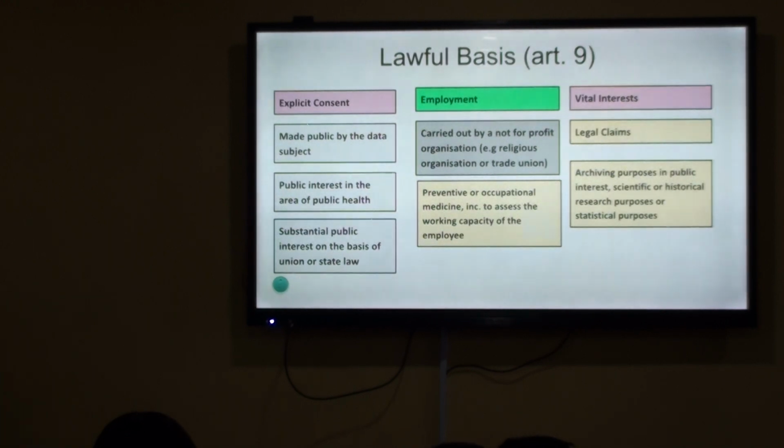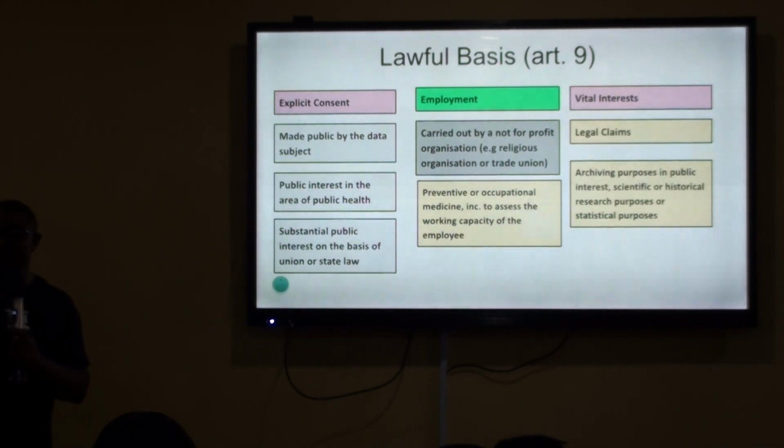So the consent I was talking about earlier was for the research protocol, right? Now I'm talking about consent as a lawful basis, which is completely different.